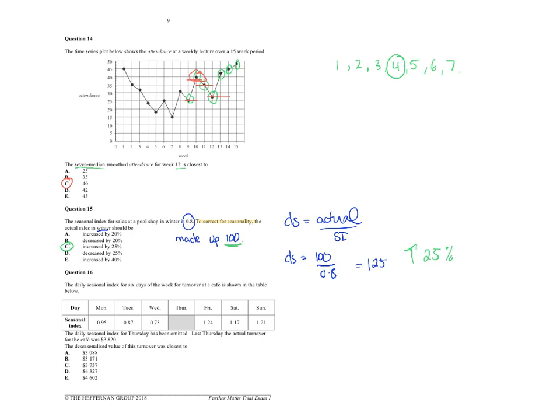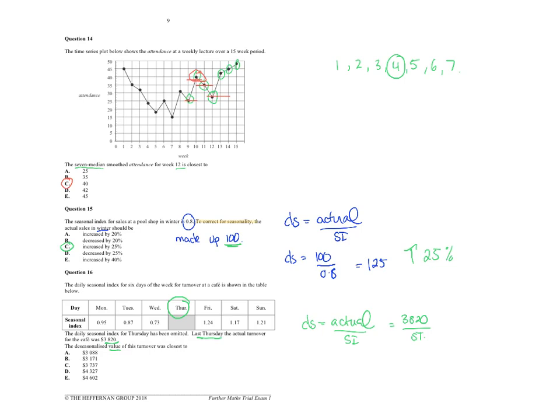In the last one, the deseasonalized value, they want Thursday, and they want the deseasonalized value. So once again, we know deseasonalized is actual over seasonal index. So we have been given the actual here. So we've got 3820 over seasonal index. So we need the seasonal index for Thursday.